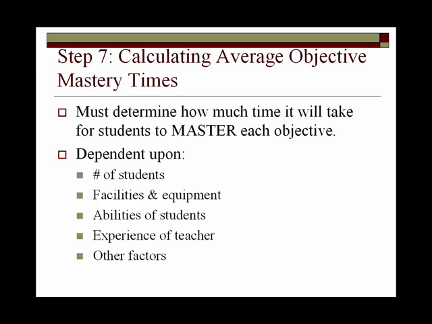If you don't have enough equipment for all your students, it's going to take more time for students to be able to practice and learn the material. It's also dependent on the abilities of the students. If you have a more athletically gifted class, it may take less time. If you have a less athletically gifted class, it's going to take more time.